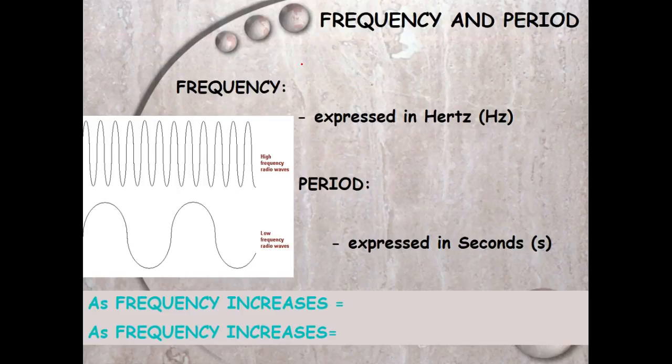For waves, the frequency is the number of wavelengths that pass a fixed point each second.